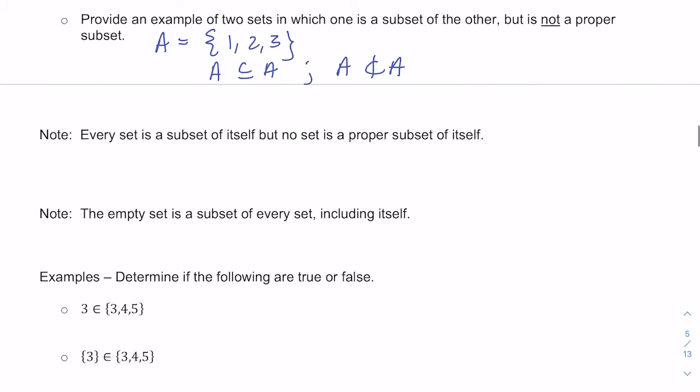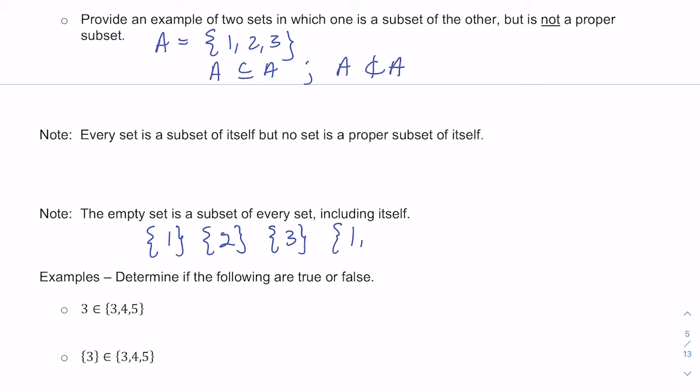Another important note is that the empty set is a subset of every set, including itself. So that's important to remember. If you take any set and list the subsets, you would always want to include the empty set as one of them. So if I take set A and write the subsets of set A, you could have {1, 2, 3}.